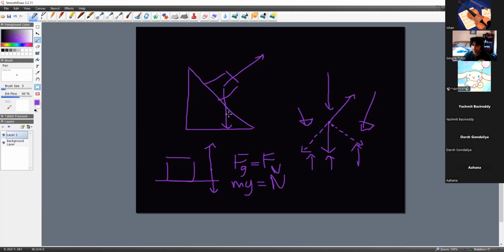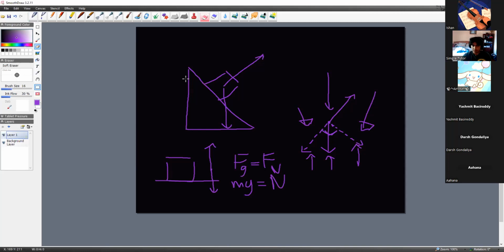It'll ask for some quantity, and we need to set up some kind of equation. So it's important to remember how to split up your forces and create these different components based on the X and Y dimensions. But for the math, I don't want to get into it.